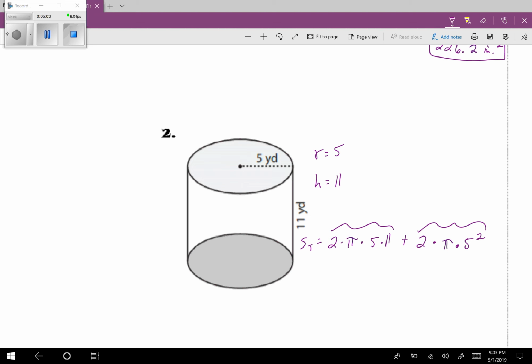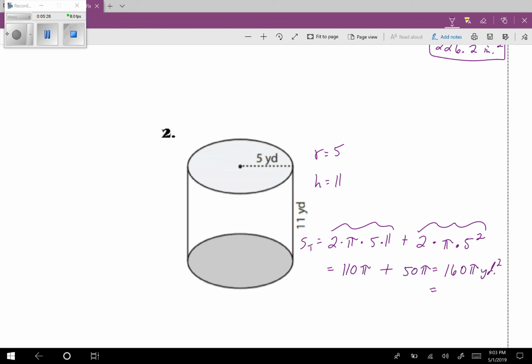So we have 11 times 5 is 55 times 2. So that's 110 pi plus, and then here, 5 squared is 25 times 2, so it's 50 pi. So altogether it's 160 pi, and then it's yards squared.